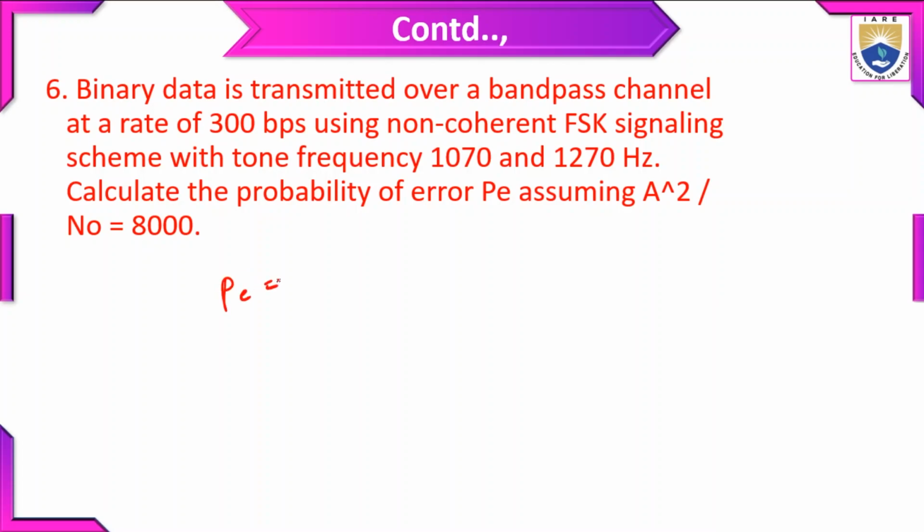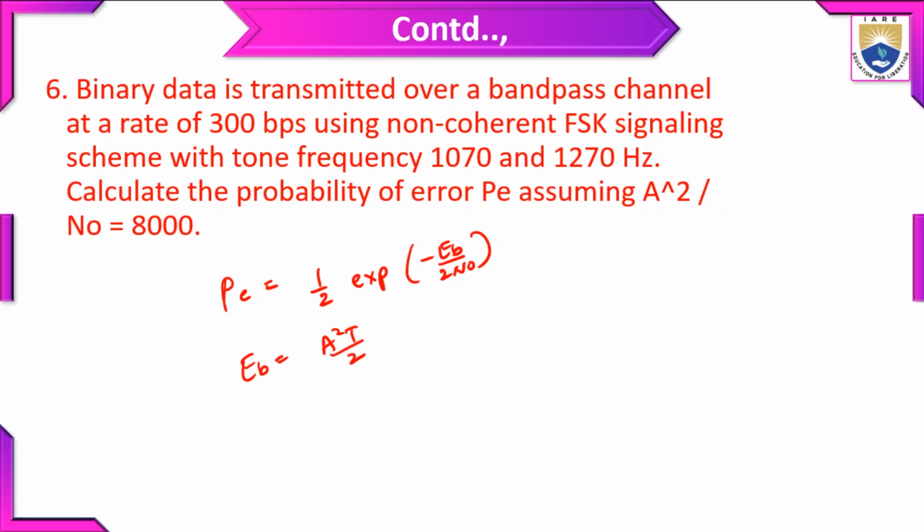So the probability of error is 1 by 2 erfc, or in another way you can write it as exponential of minus Eb by 2 N naught. You know that Eb is equal to A square T by 2.